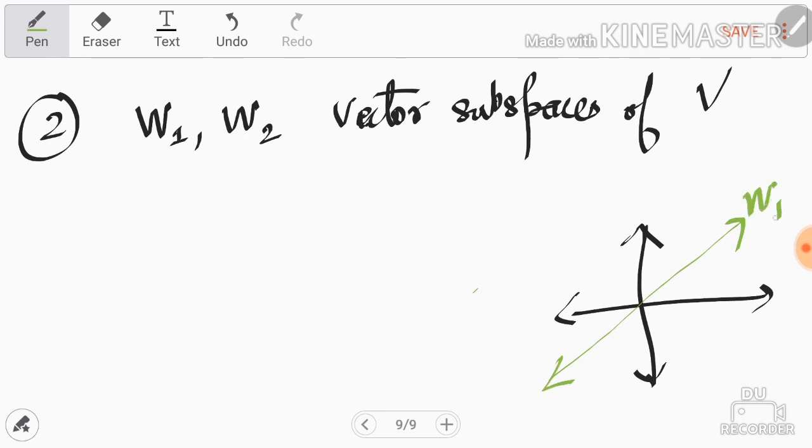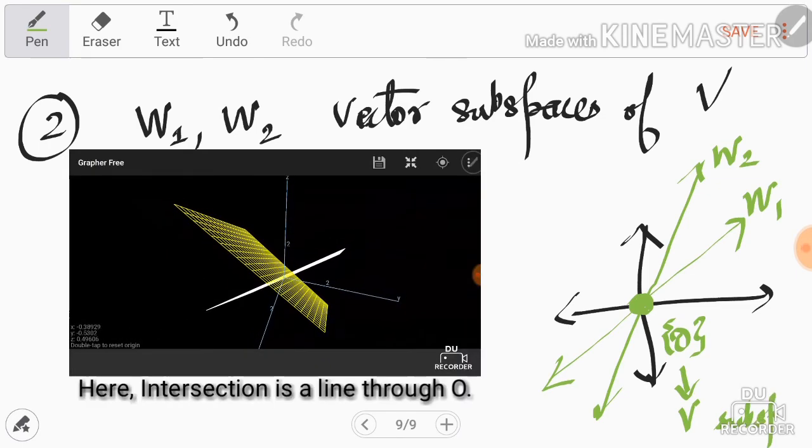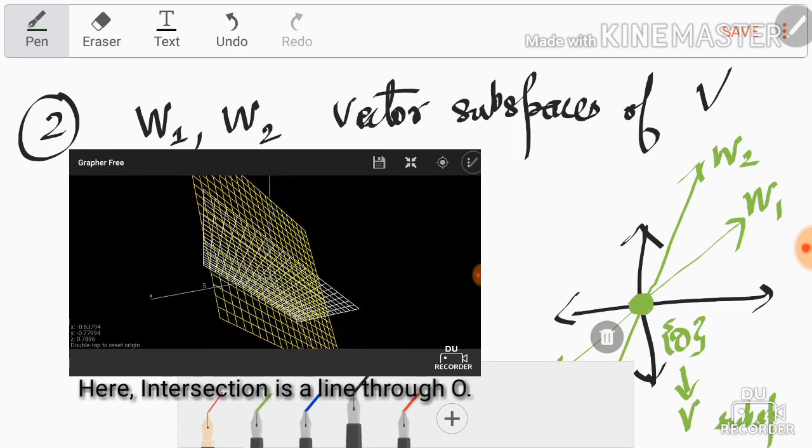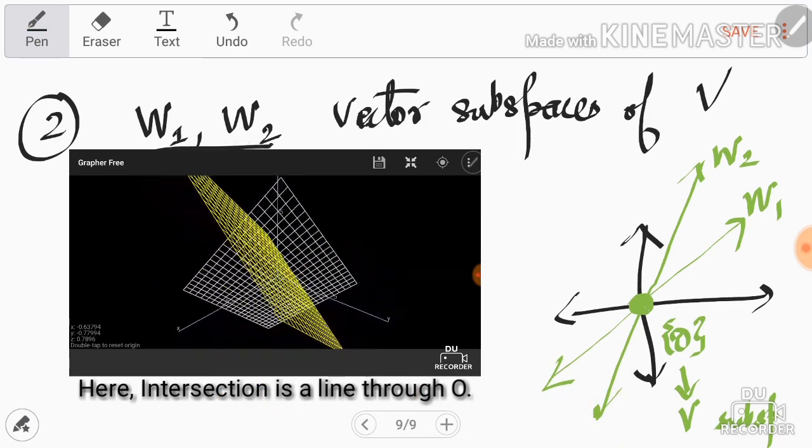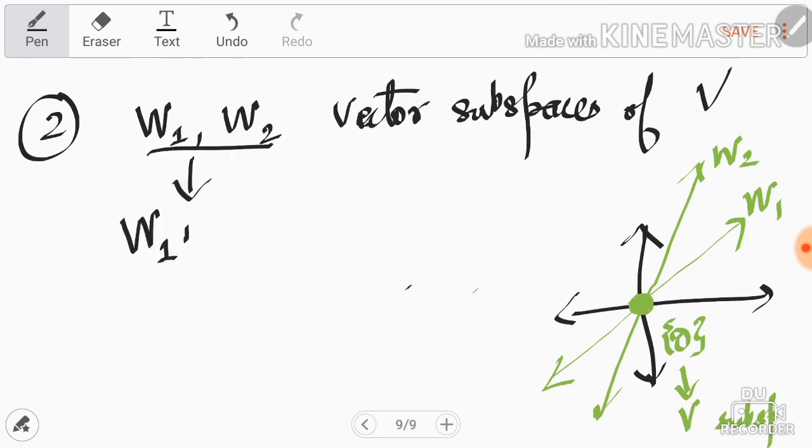Let's call this W1. Let's take another line, and call this W2. What do you see as the intersection? The intersection is simply the origin, and we know that the origin is also a vector subspace. So whenever you have two vector subspaces, you can create another vector subspace out of it just by taking the intersection.